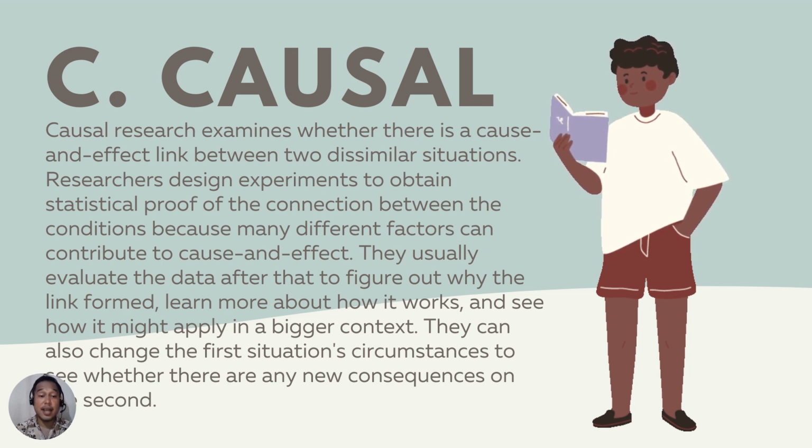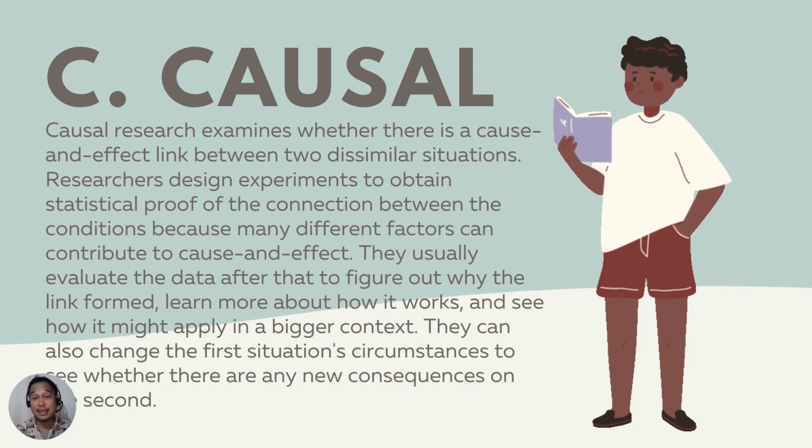Researchers rather design experiments to obtain statistical proof of the connection between the conditions because many different factors can contribute to cause and effect. They usually evaluate the data after that to figure out why the link formed, learn more about how it works, and see how it might apply in a bigger context. They can also change the first situation's circumstances to see whether there are any new consequences on the second.